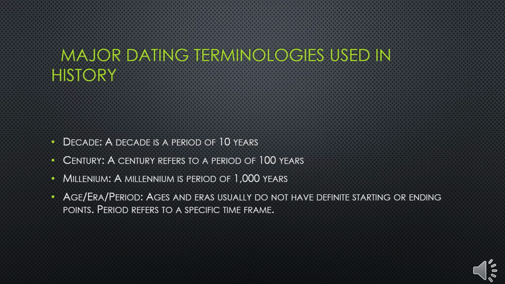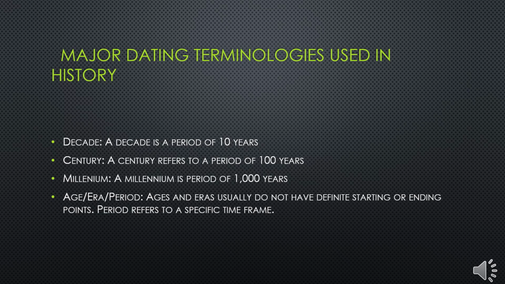This tells us something that happened around that time. So when we talk of decade, we simply talk of a period of 10 years. And then we come to century. A century also refers to a period of 100 years.